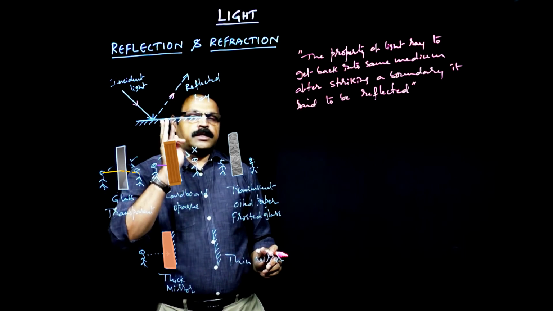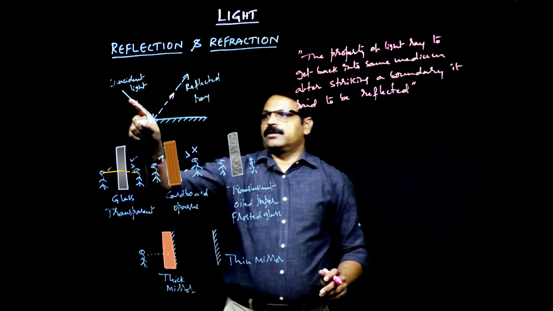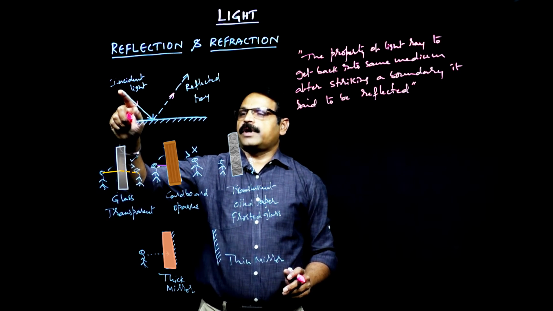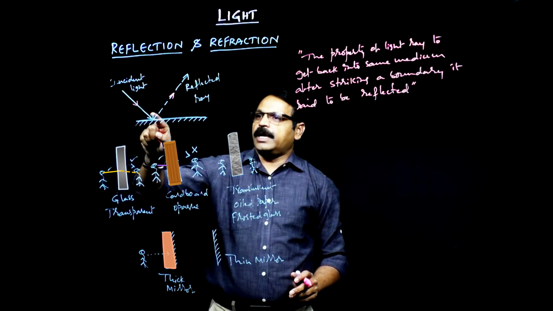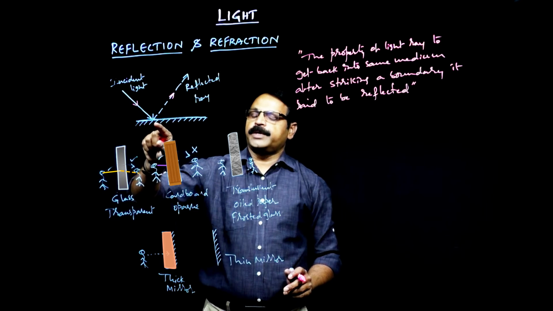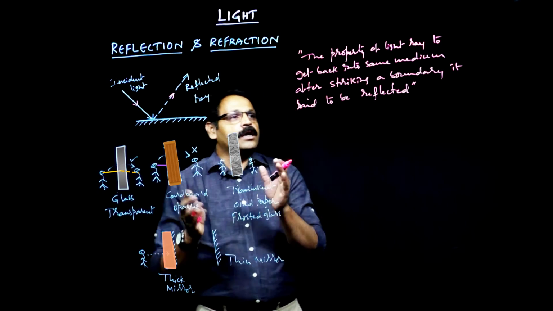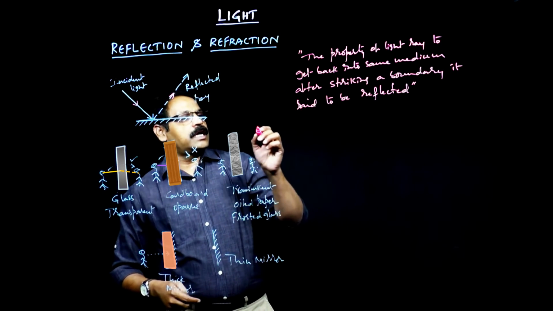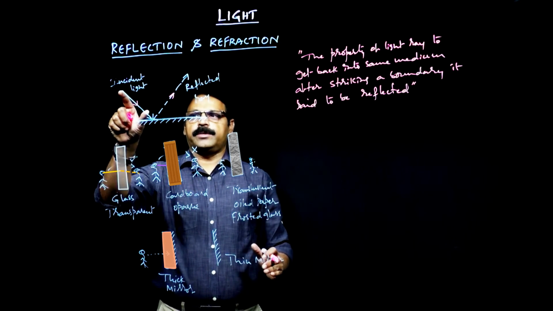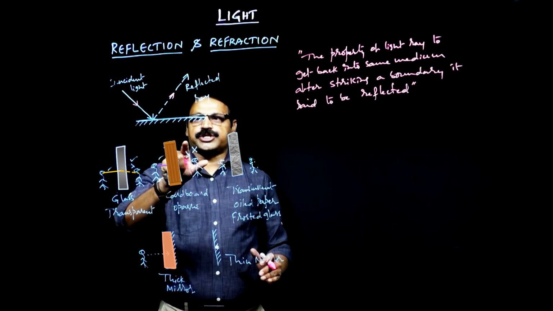Here there are two different types of media. We call this medium 1, this is medium 2, because for example it is coming through the air, it is passing through the air, let us say. When it falls onto the glass, that is another type of medium. Earlier we described that light travels in a straight line as long as it is in a homogeneous medium. In a similar medium, it continues to travel in the same direction.